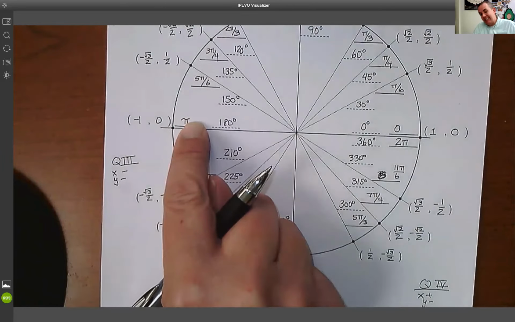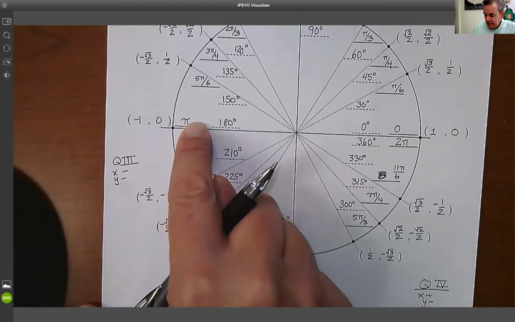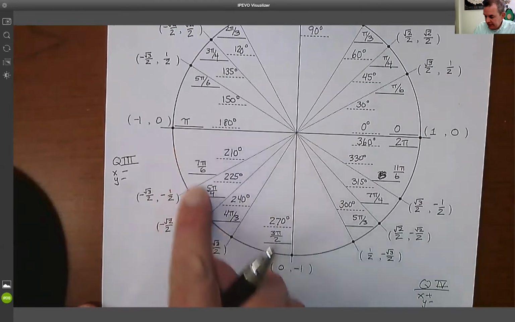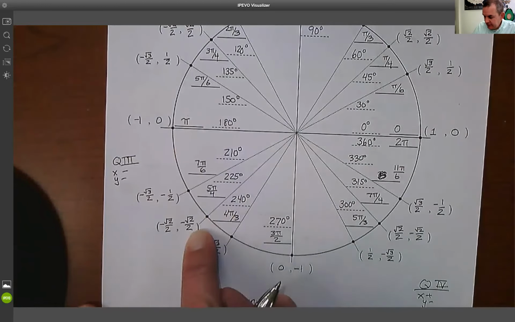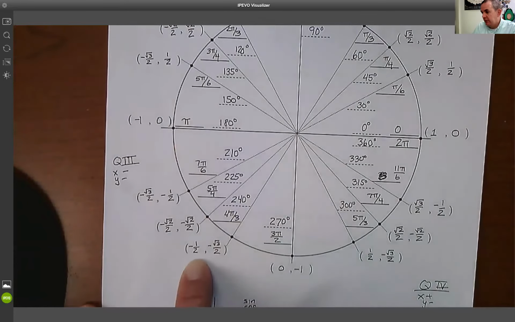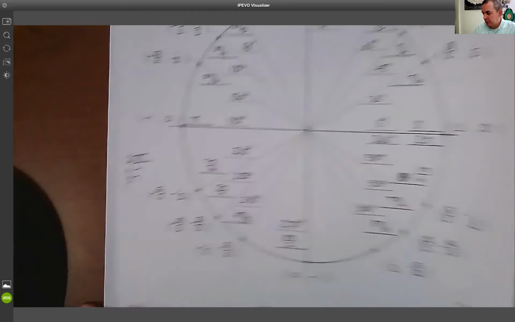So 3 pi is the same as 9 pi over 3. And I'm going to take it another pi over 3, which takes me down here to 4 pi over 3. So what I have is -1/2 and -√3 over 2.